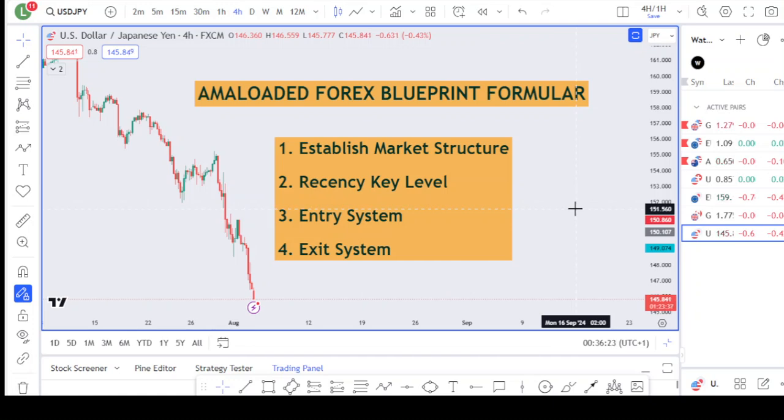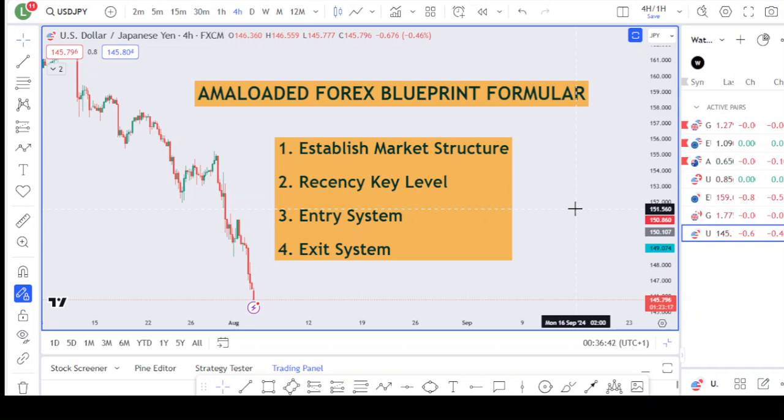Now, here I present to you guys this profitable forex blueprint formula that you can use whenever you want to analyze the market. You don't need to stress yourself. You don't need to waste your time going on a long distance journey before you get it right.